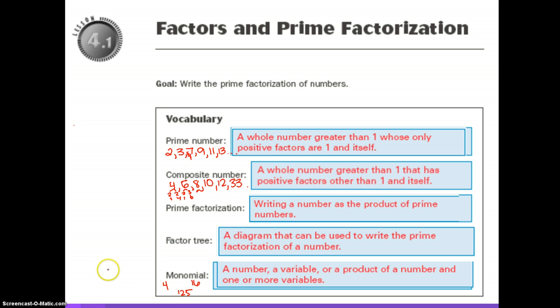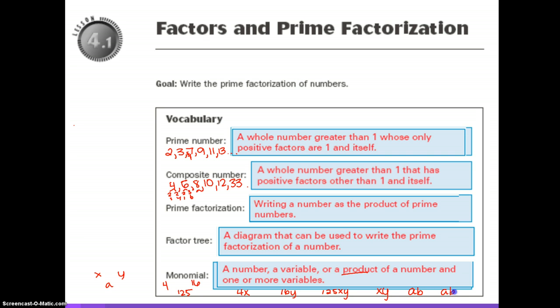It can also be variables like x, y, a, or a product, which means multiplication, of a number and one or more variables. So 4 times x, 16 times y, or 125 times x times y. These are all monomials. Or even just x times y, or a times b.